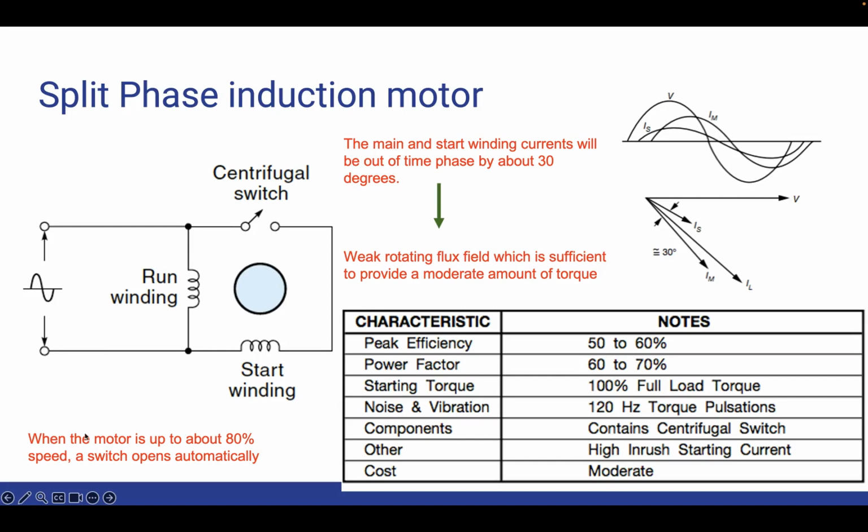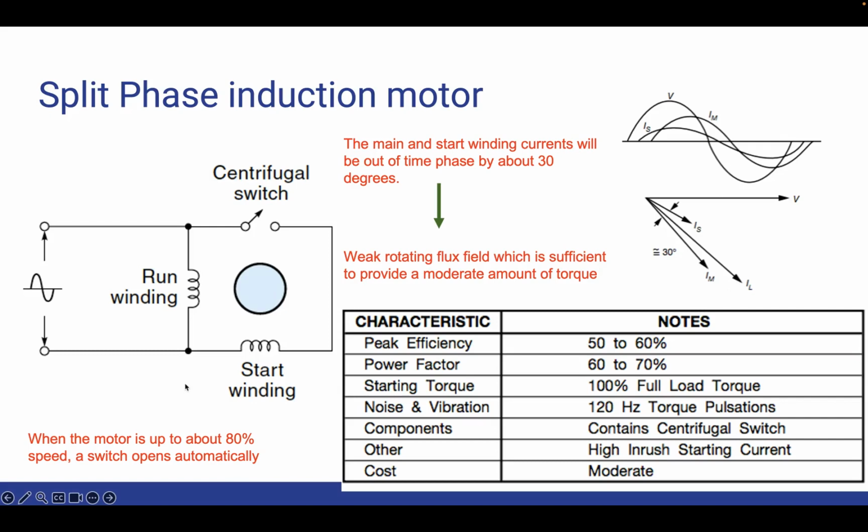When the motor is up to about 80% of its speed, a centrifugal switch opens automatically and disconnects the start winding. The motor then continues running on the run winding.